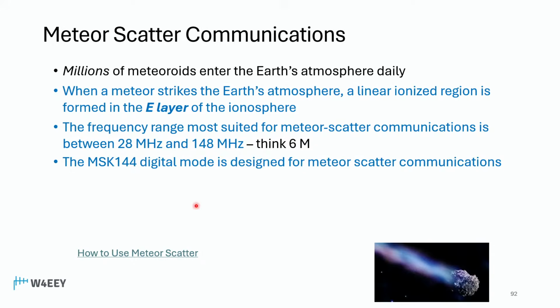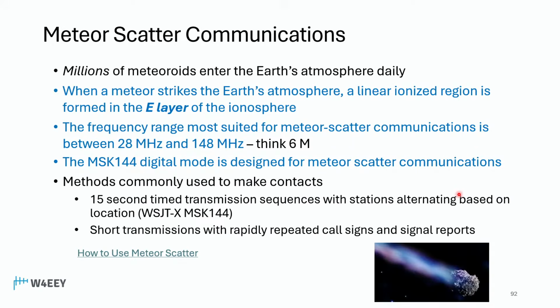Now MSK 144, part of the WSJTX family, is a digital mode designed for meteor scatter communications. Now how are we going to do this? Well, time transmission. MSK 144 uses 15-second time transmission sequences with stations alternating based on locations.